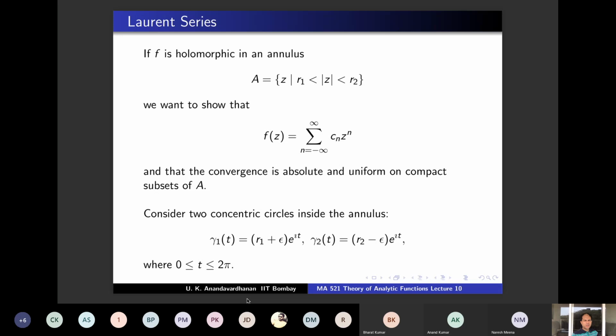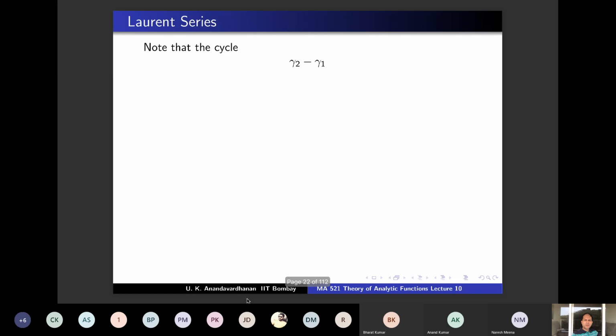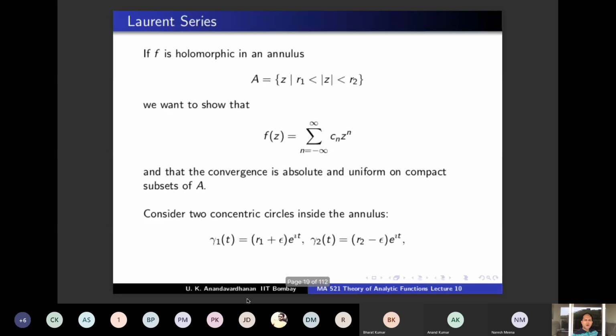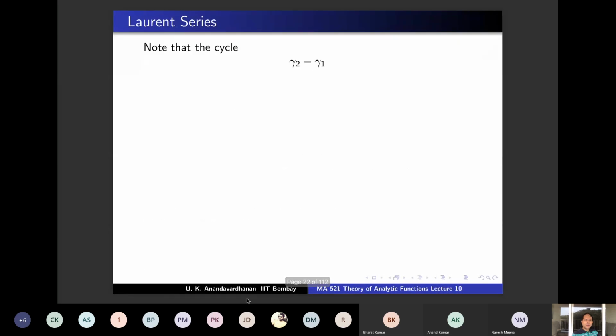So two positively oriented concentric circles, gamma 1 and gamma 2, and we are going to argue with this cycle gamma 2 minus gamma 1. So the outer circle is oriented positively and the inner circle is oriented negatively.